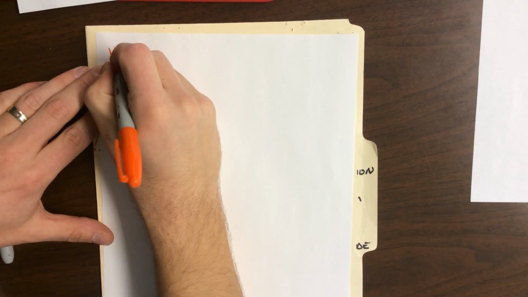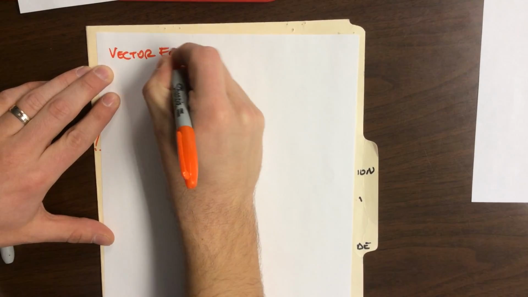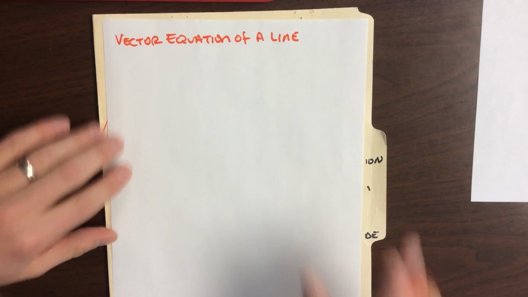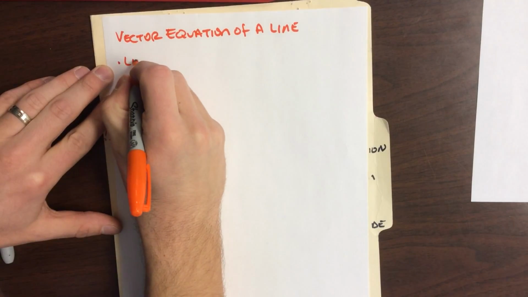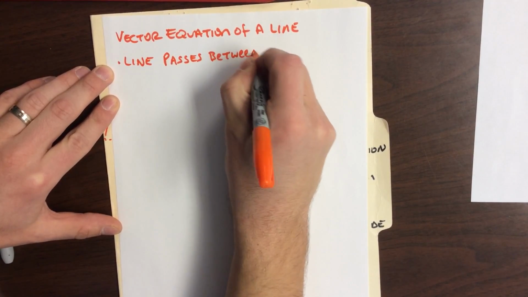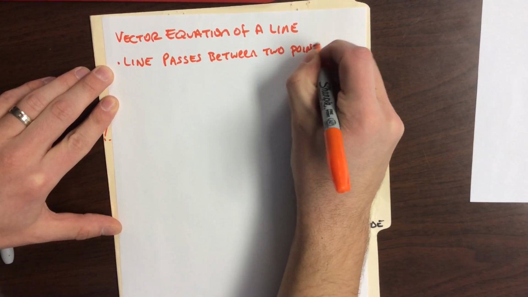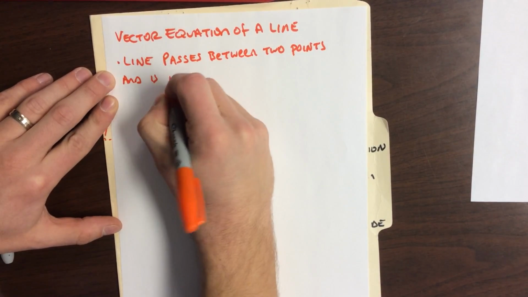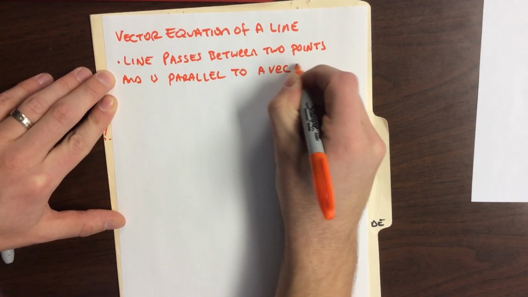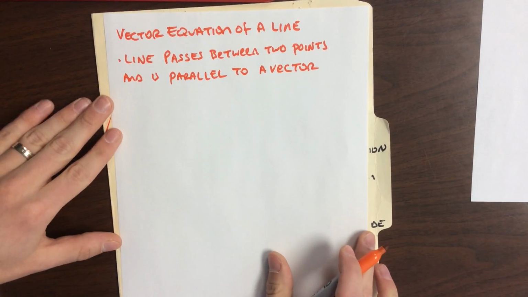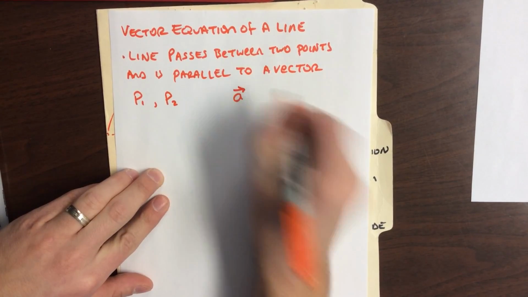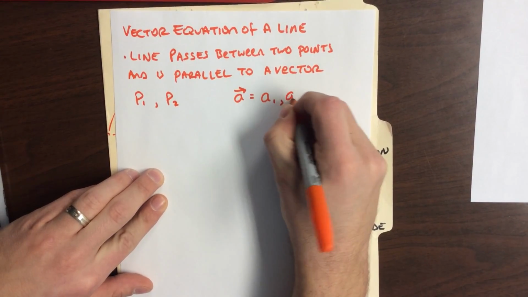We're going to have the vector equation of a line. So if we have a line that passes between 2 points, let's say we've got point 1, point 2, and we've got vector A. I'm going to use A1, A2 as my vector.